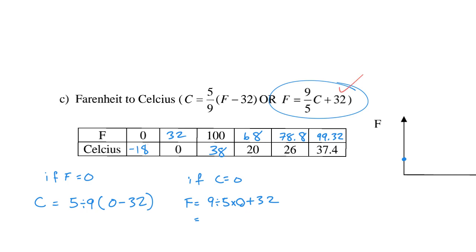That's this equation here. So this equation is a line with a slope of 9/5. So, boom, there's our line, and there is our slope of 9/5. Because this is essentially the line y equals mx plus b. And we're done.